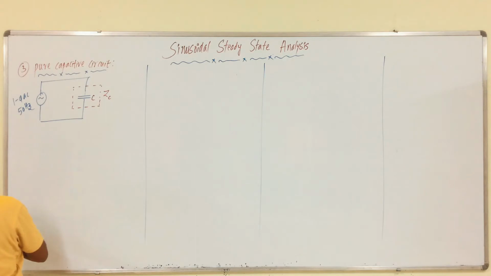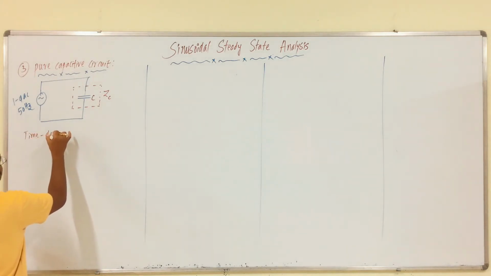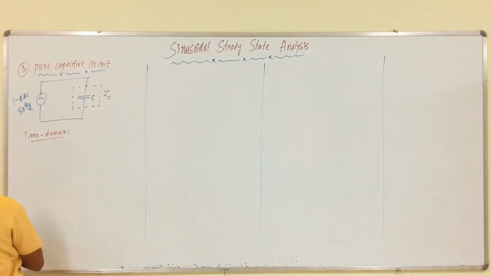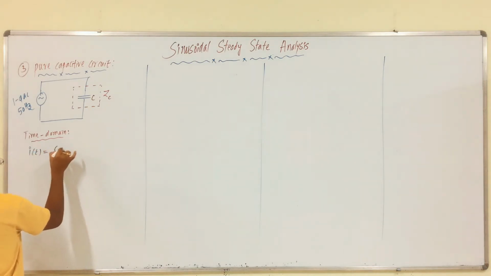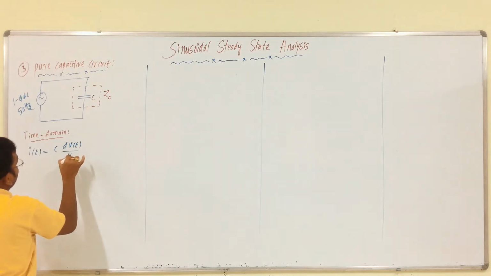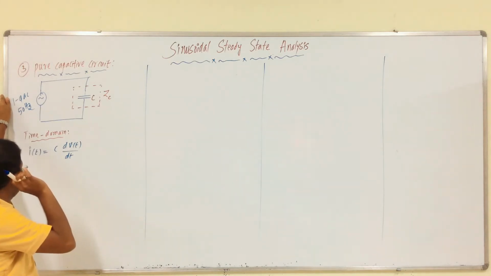Then the time domain, right? That is i = C dv/dt. This is the time domain current representation, right?